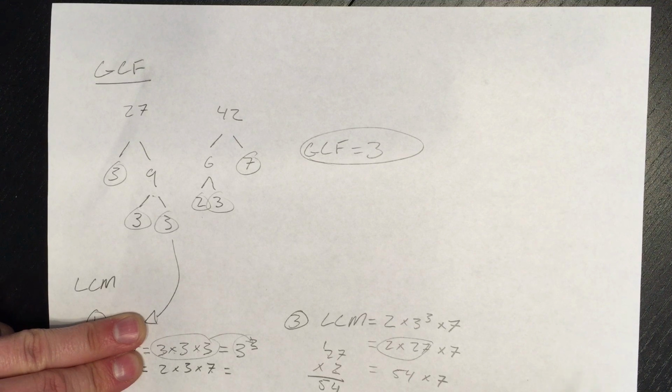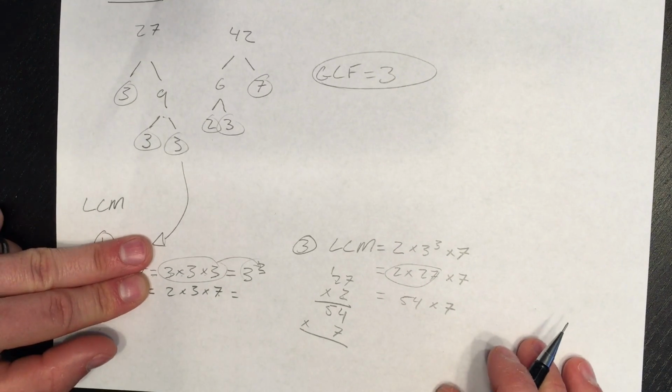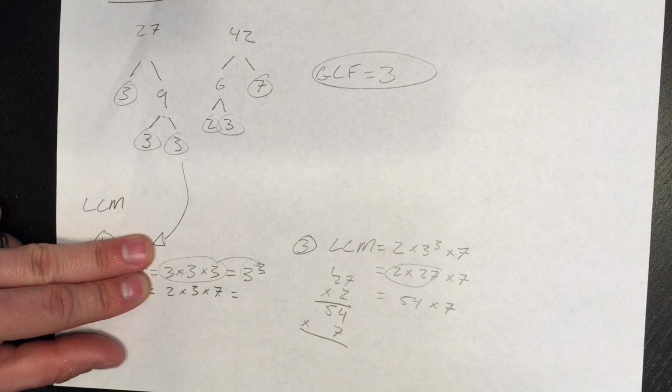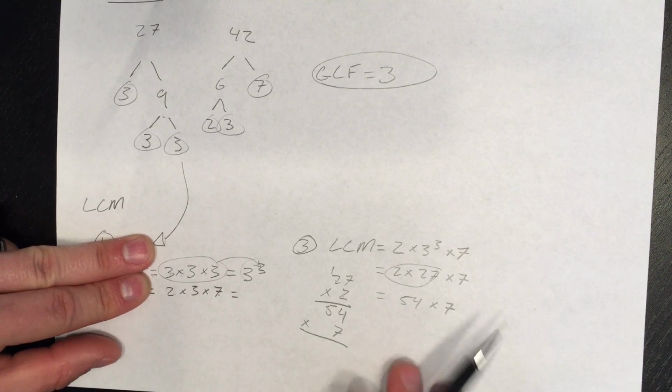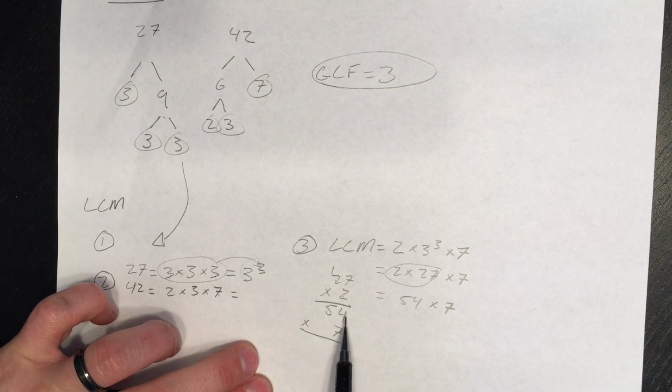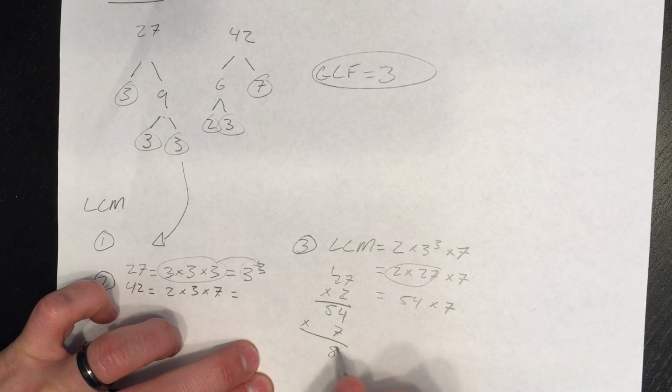So then we have 54 times 7. So now we have just a regular multiplication problem. Okay, let's stack that one again. So we have the 54 here. I'm just going to write multiplied by 7. All right. You can't see that. There we go. Now we can see. 54 multiplied by 7. So the 4 multiplied by the 7 is 28. So 8 goes on the bottom.